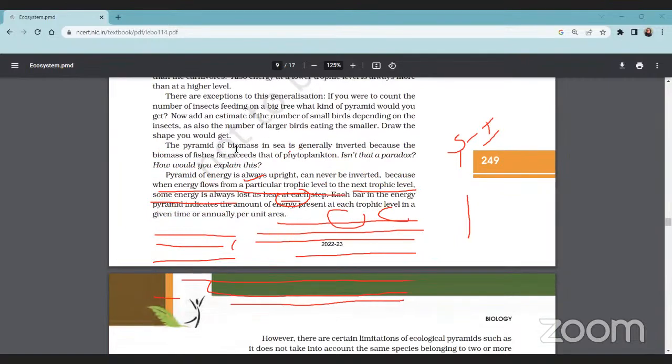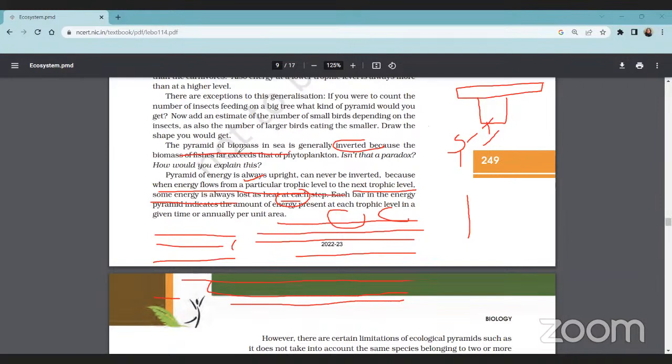The pyramid of biomass in the sea is generally inverted. Inverted means it is opposite to the other pyramids, which are straight upward.